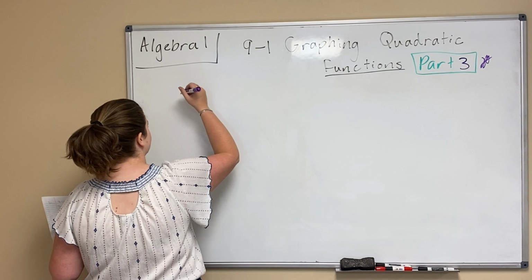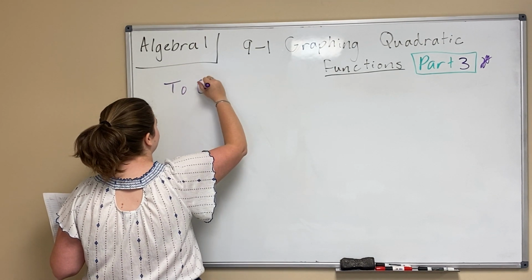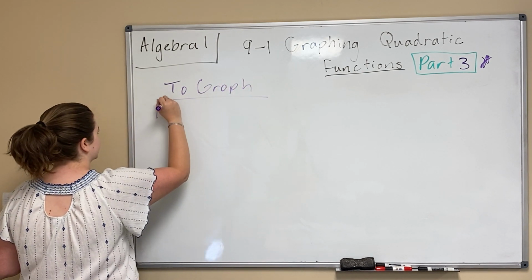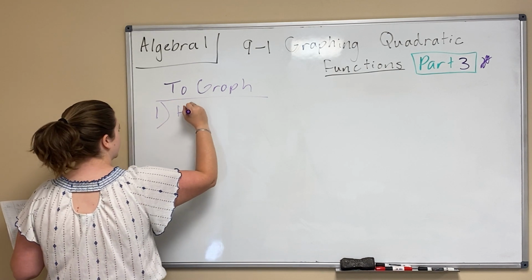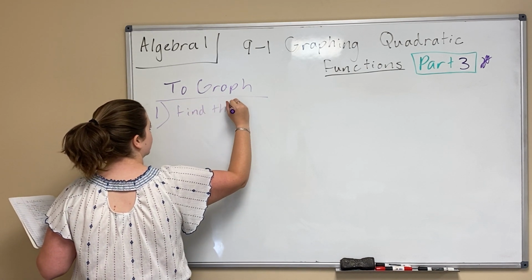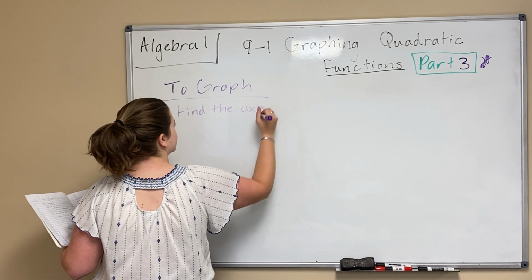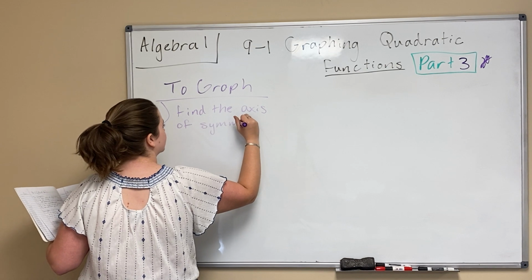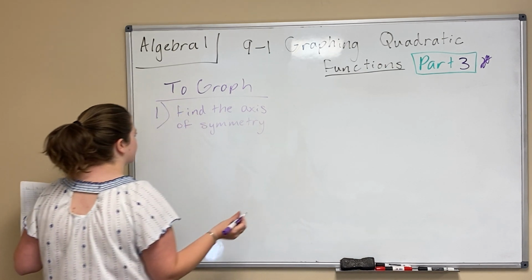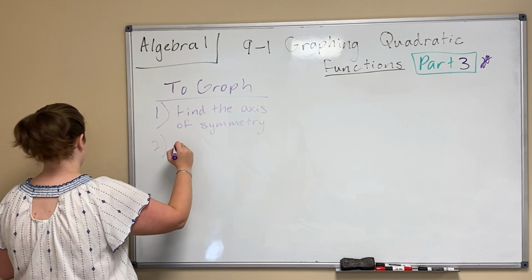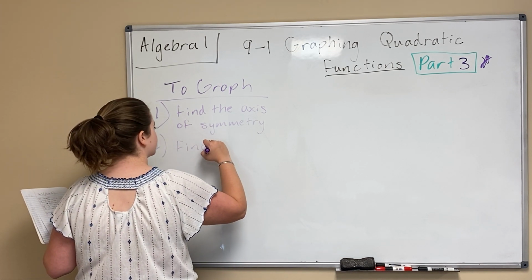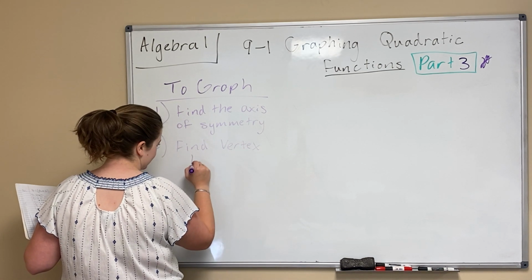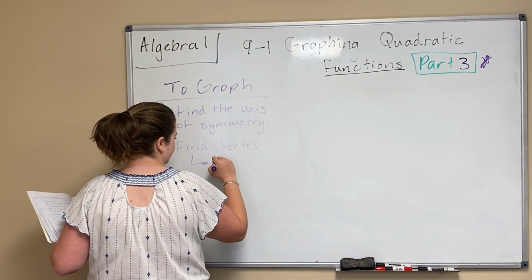Step 1, to graph a quadratic function. Step 1 is going to be find the axis of symmetry. Step 2, find the vertex and determine whether it's a maximum or minimum.